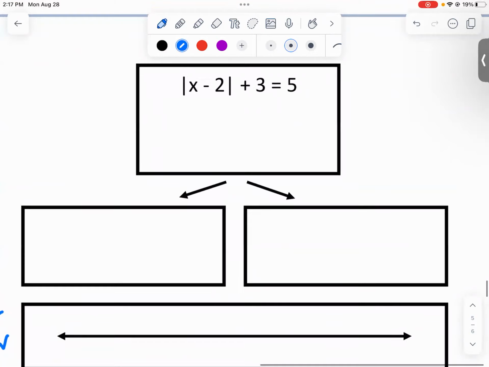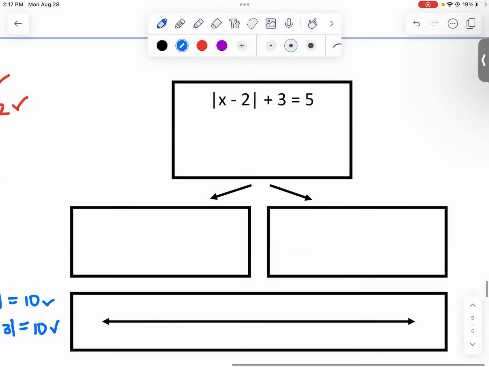All right. You and your elbow partner, work on this one. Just do it.